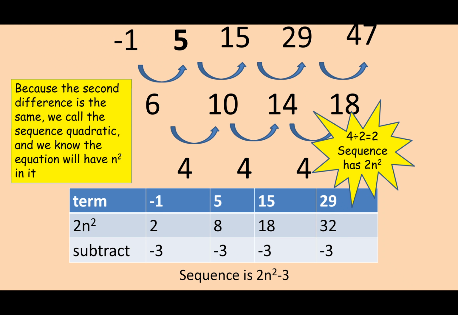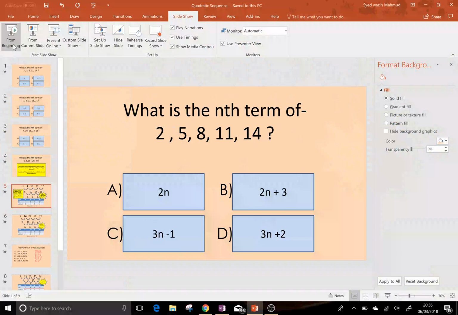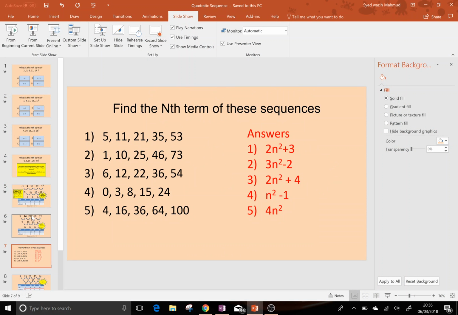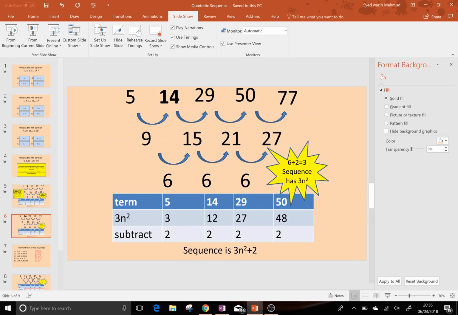Let's do another example. So let's do 5, 14, 29, 50 and 77.